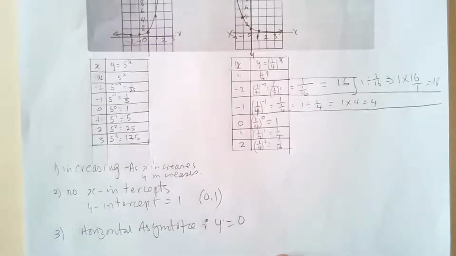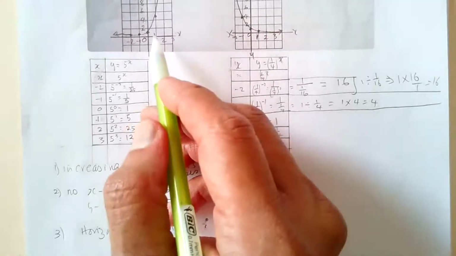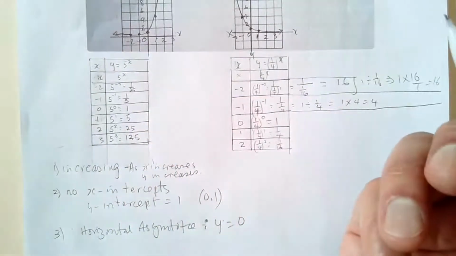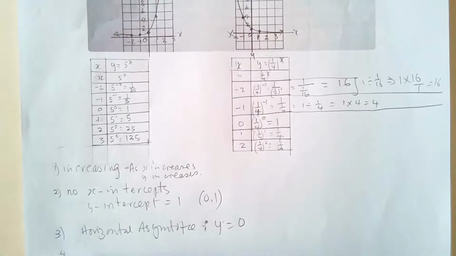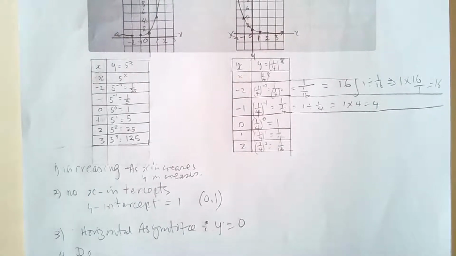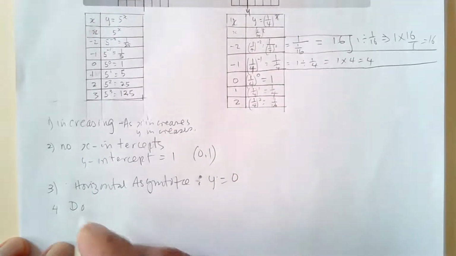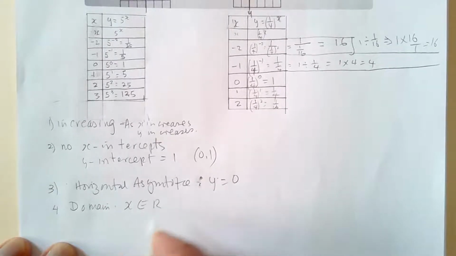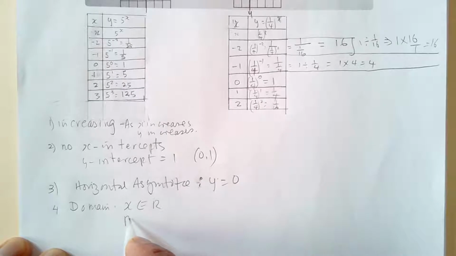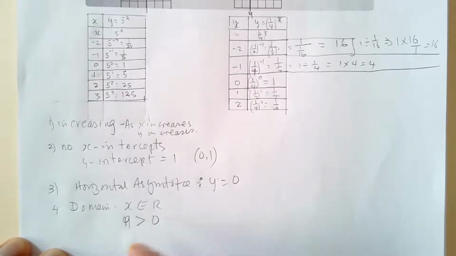So all this means that the graph approaches where y is equal to 0 but never touches it, right? And the domain is x, the set of real numbers, and the range is y greater than 0.